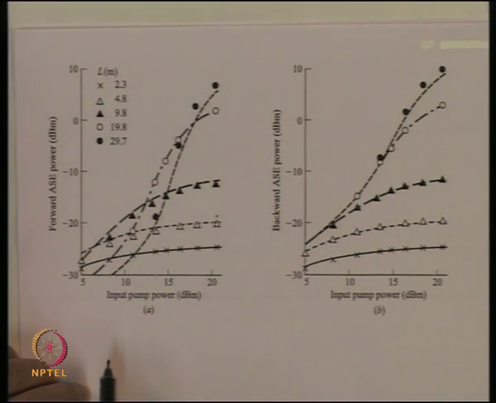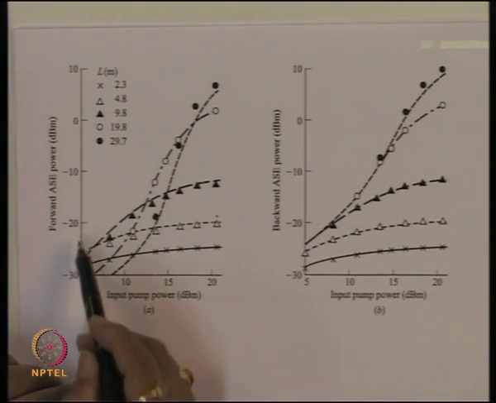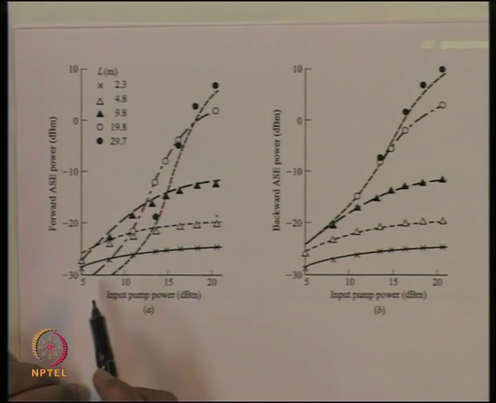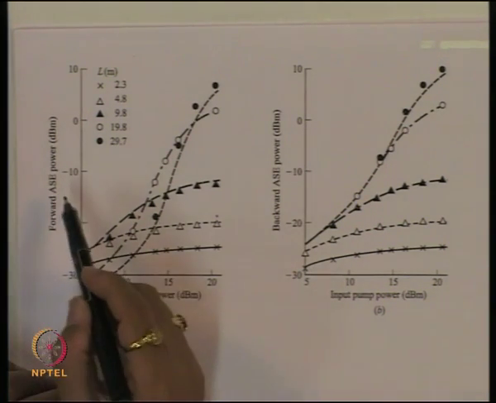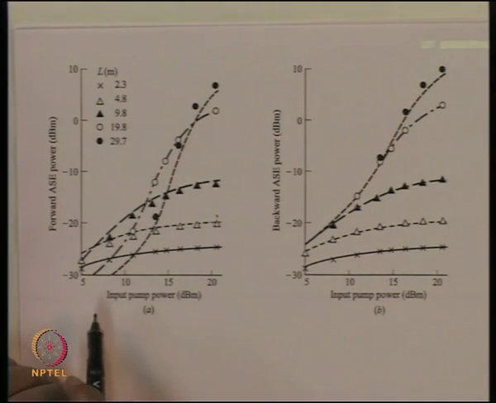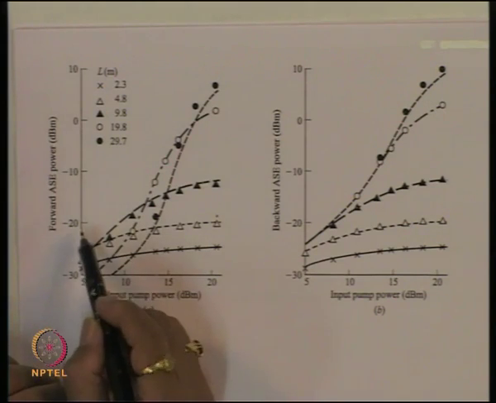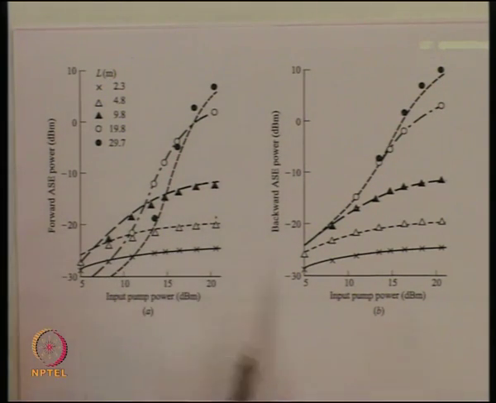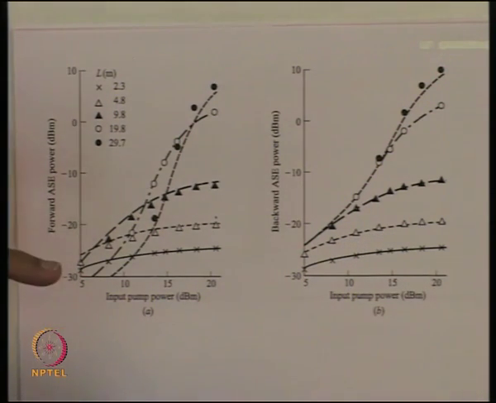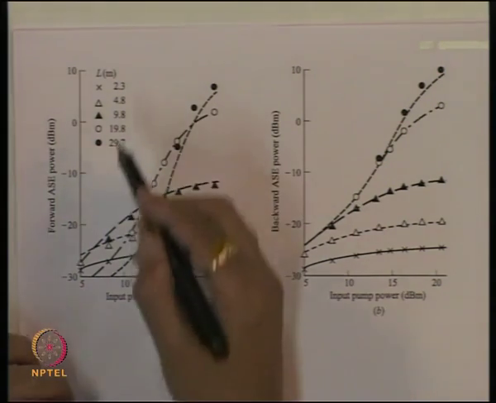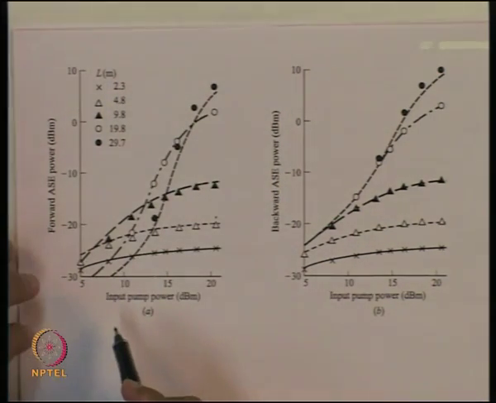As a function of the input power in dBm, we have here the ASE in dBm, and these are for two schemes. This is for the forward scheme and this is for the backward scheme. So in this case the signal and the pump are traveling in the same direction, and in this case the signal and the pump are traveling in the opposite direction, and these are the different lengths for the EDF.